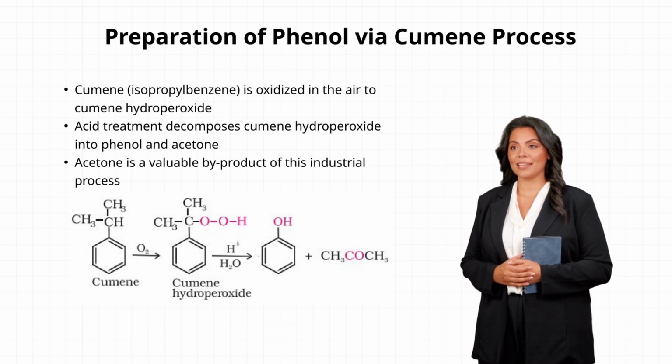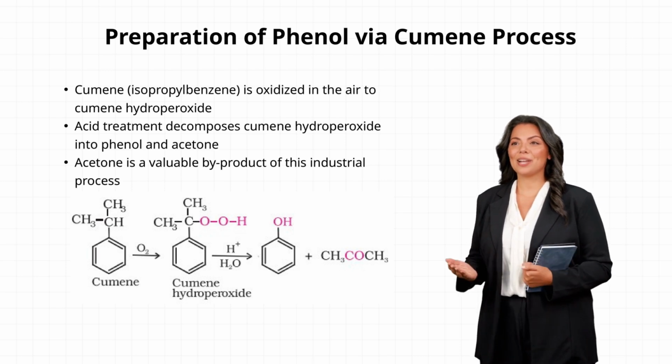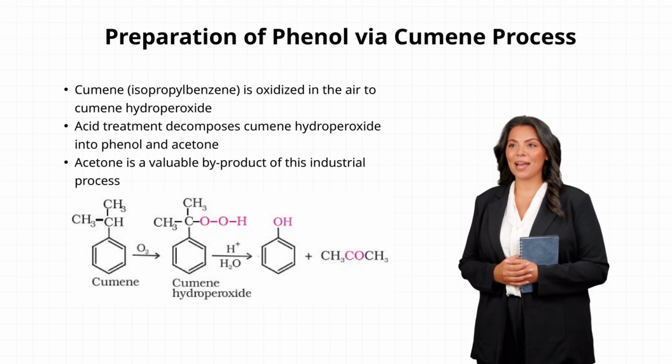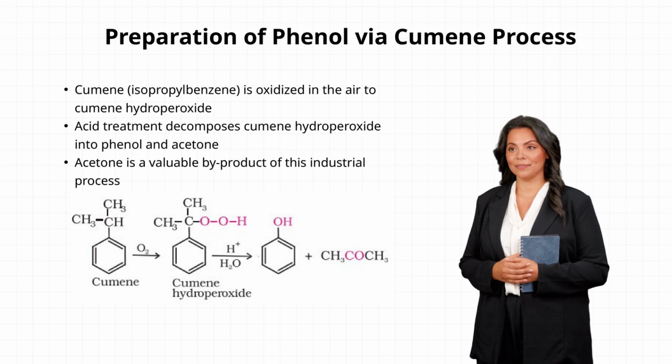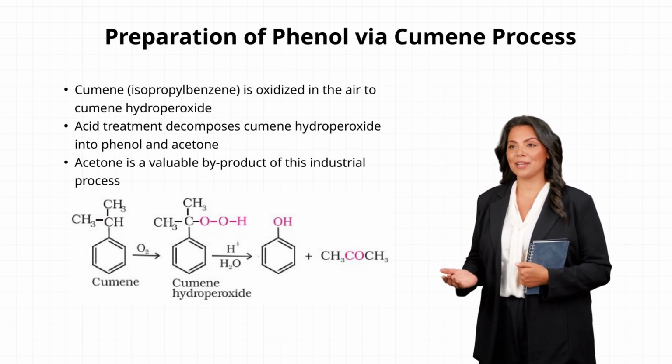When cumene reacts with oxygen, O2, the oxygen adds to the side chain, specifically forming a hydroperoxide group, OOH, attached to the benzylic carbon. This cumene hydroperoxide is then treated with dilute acid, which causes the hydroperoxide to cleave.